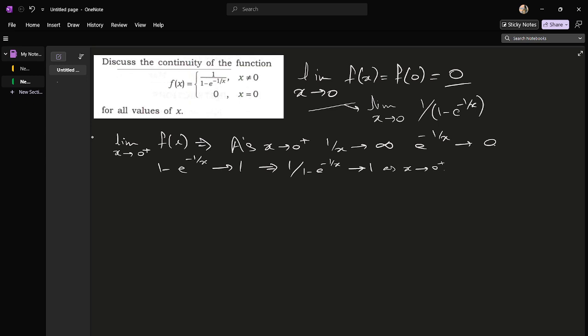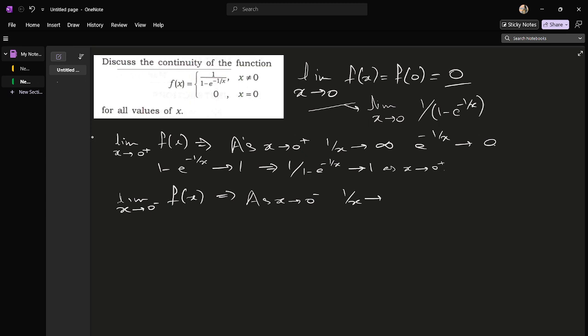Now we are checking limit x tends to 0 minus, or from the left side. So what do we get? As x goes to this, where will our 1 by x go?